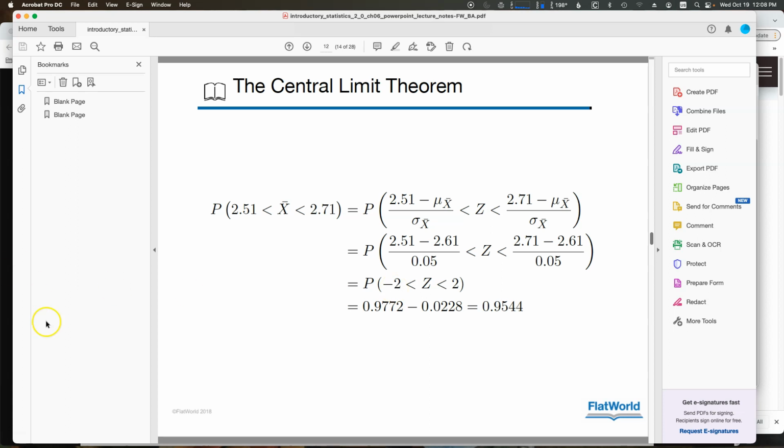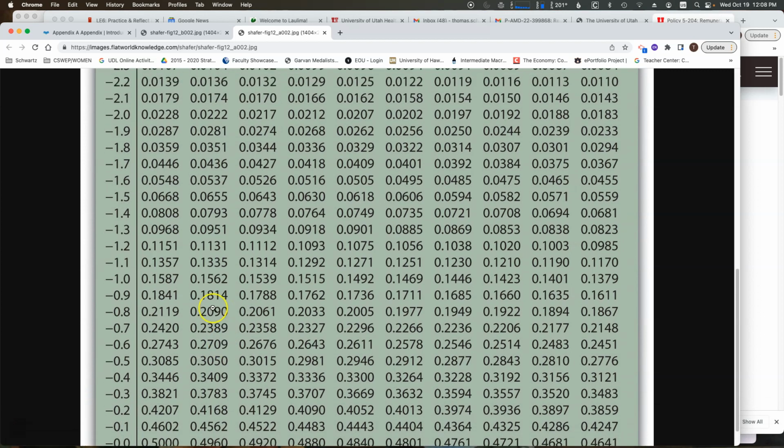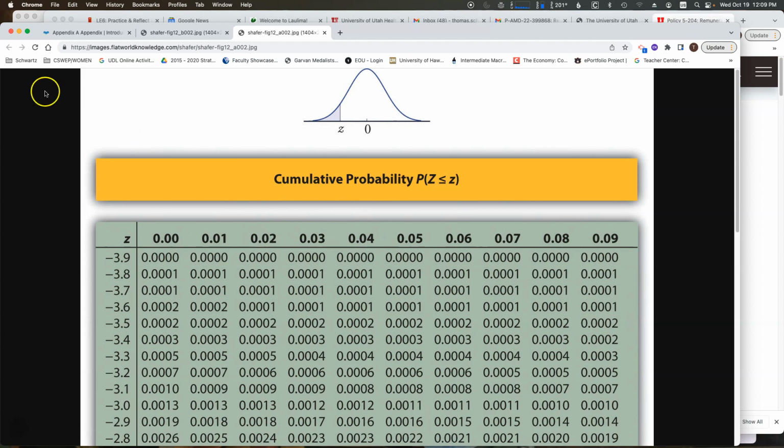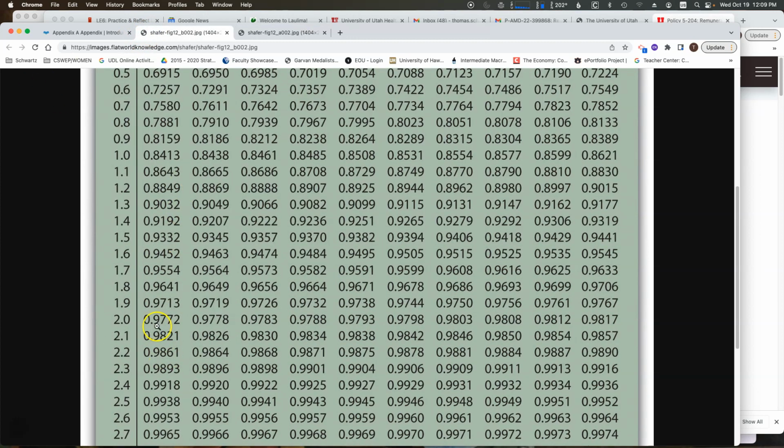So -2, right here, is 0.0228. And we're looking for +2. That's 0.9772.